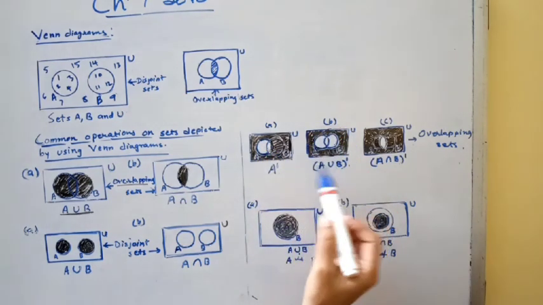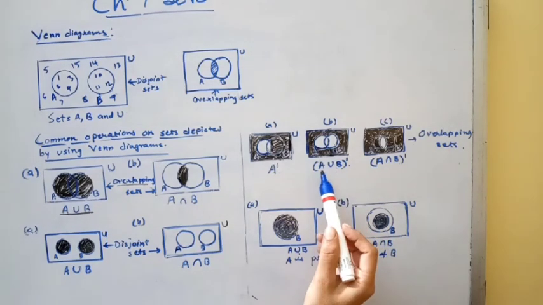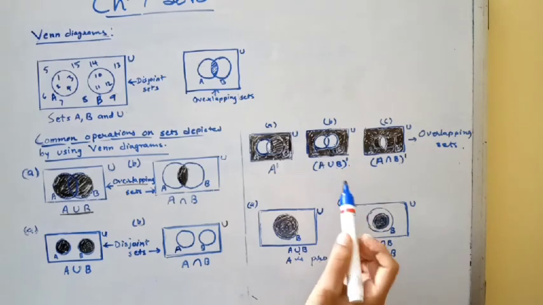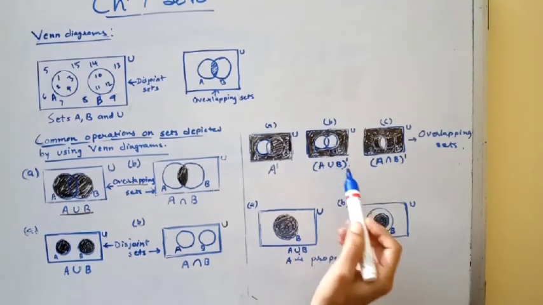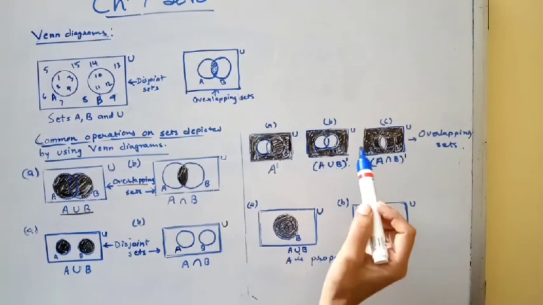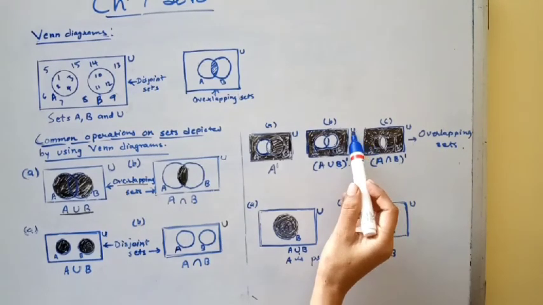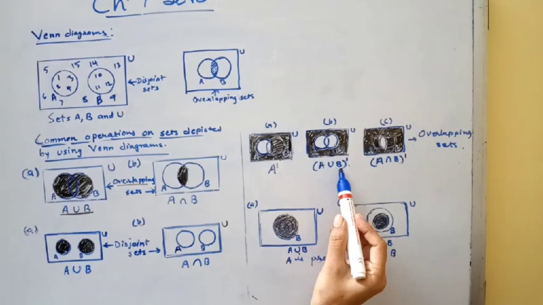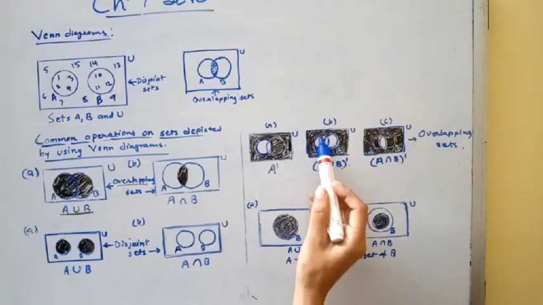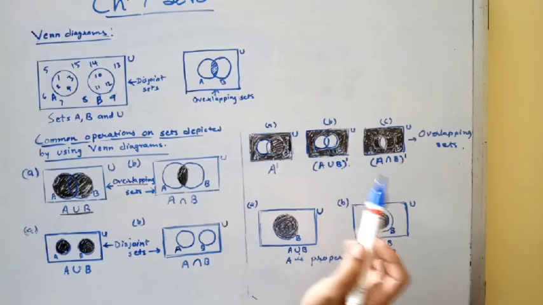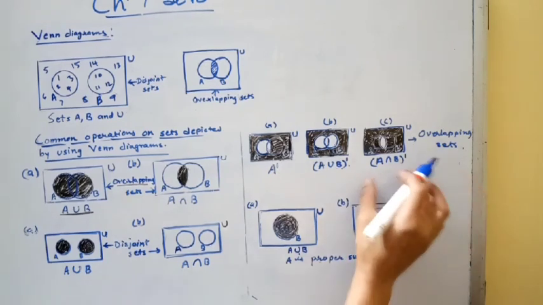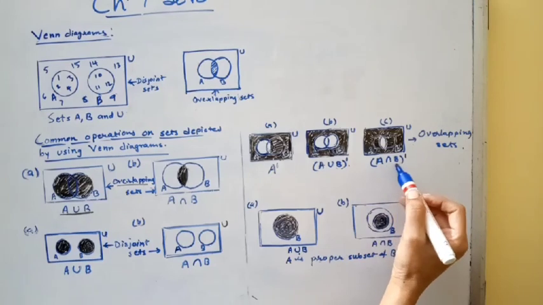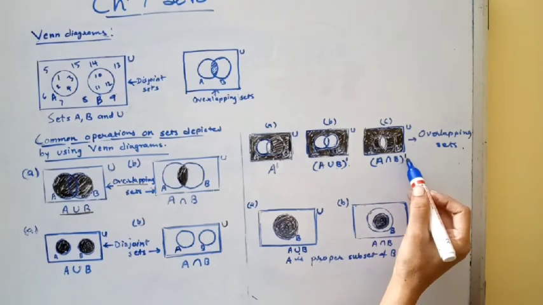Diagram B represents the set A union B complement. As A union B complement contains all the elements of U except the elements of A union B, we do not shade the portion of A union B. Figure C represents A intersection B complement.